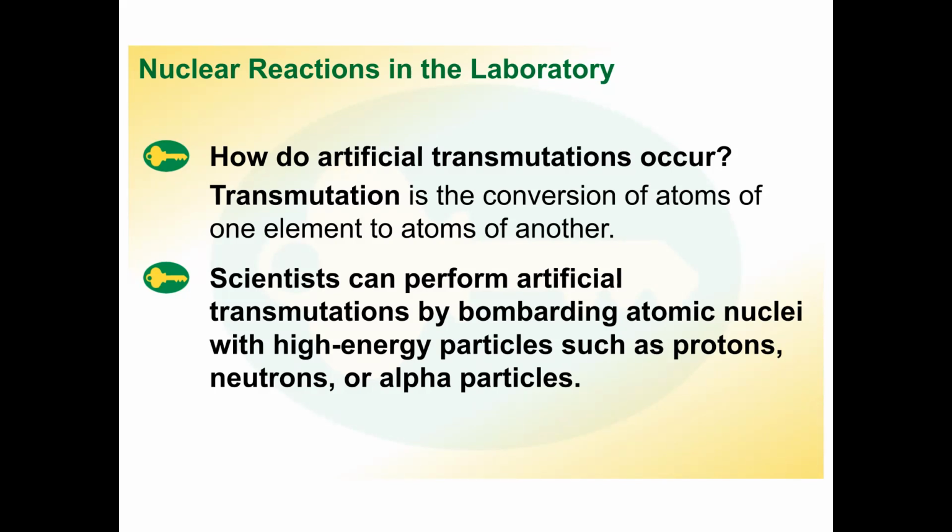And then those elements become slightly unstable, and over time, those elements, because they like to be in a state of equilibrium, will eject those particles. So scientists can perform artificial transmutations by bombarding atomic nuclei with high-energy particles such as protons, neutrons, or alpha particles.